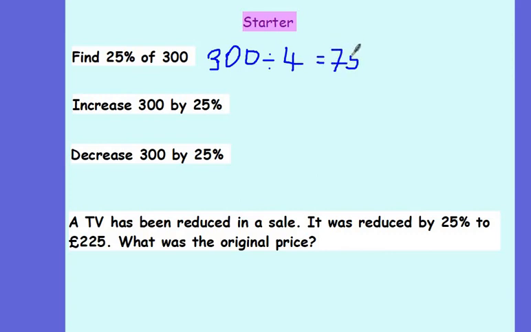So question 2 said to increase 300 by 25%. We found out what 25% of 300 is. So to increase by 25%, we just need to do 300 and add on our 25%, which in this case was 75. So increasing it will give us 375.